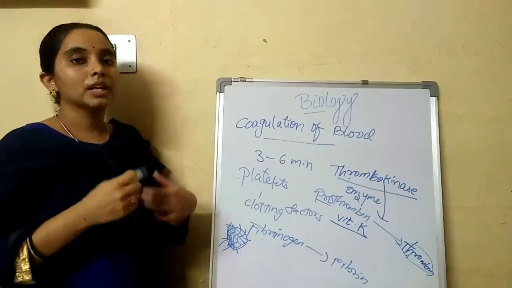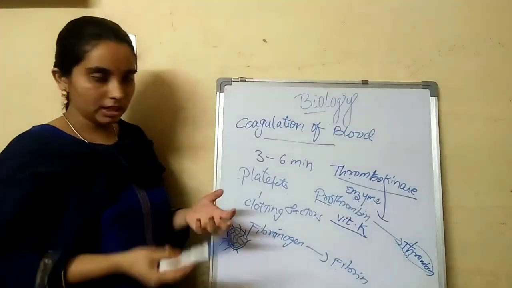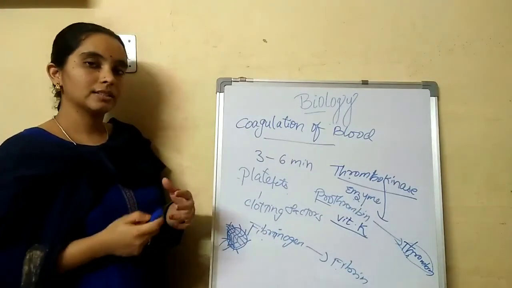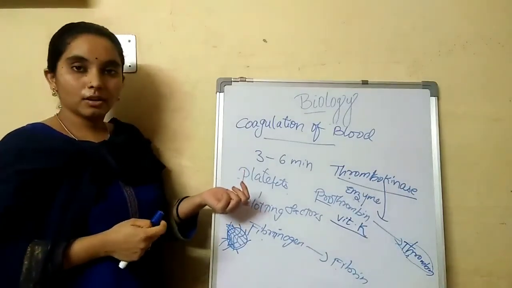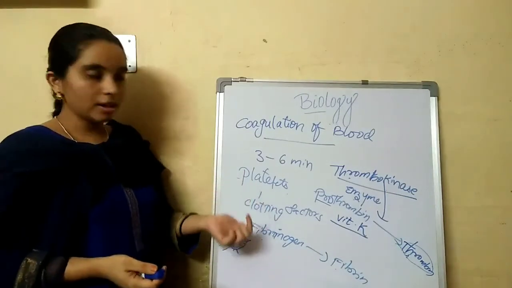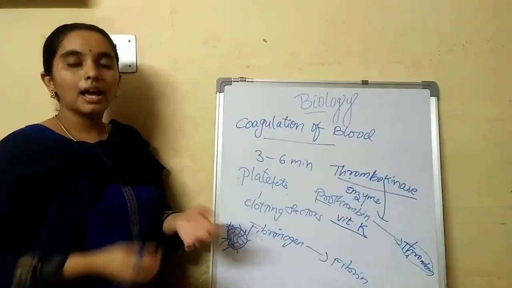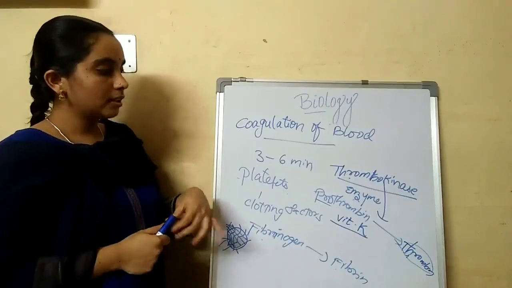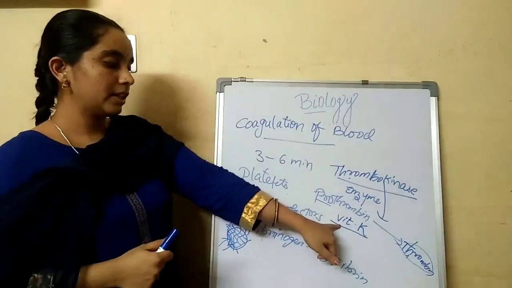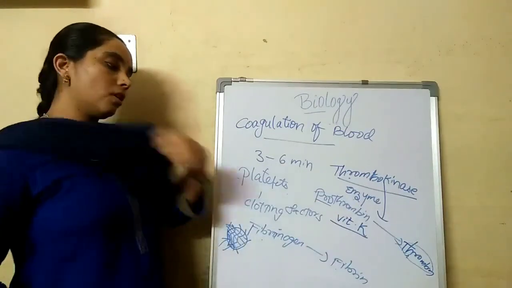Those are genetic disorders. In some patients the platelets cannot work properly, or the clotting factors are not released, and there is loss of blood in them. So these are the important enzymes, and vitamin K helps in the clotting of the blood.